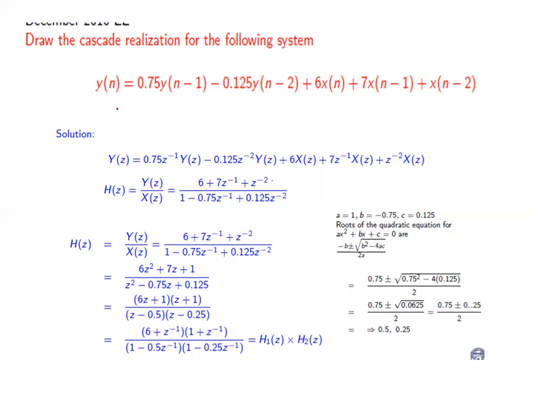We can write this y of z, minus, then plus, and then minus, equals. By taking y of z common and x of z, we will write y of z by x of z, which equals 6 plus 7z inverse this way.